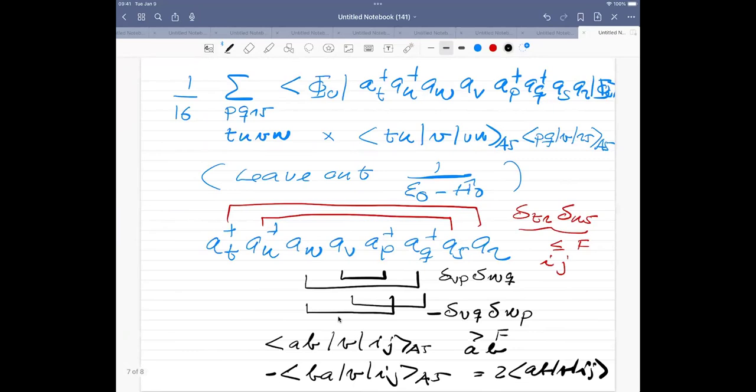To see that, we looked at this element here. We put in p and q, which are the particle states, which became a and b. The r and s are given by i and j, the states below the Fermi level. But then we also have that t and u have to be equal to i and j, and then we have u and w here, which are equal to a and b.